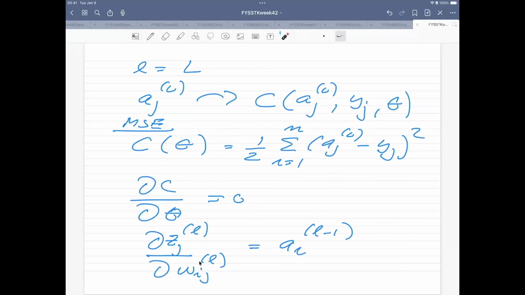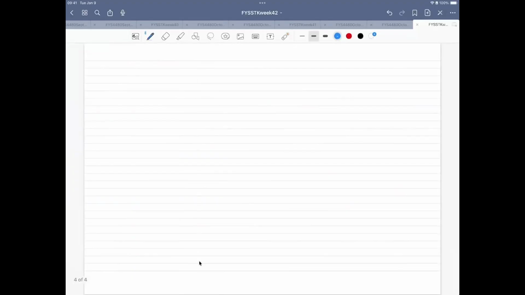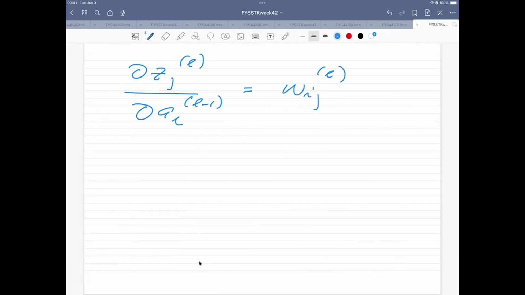Let me see if I can move on here. We had dC, these are just intermediate steps which we need to find the final expressions. And then we have d a_i^(l-1), and this is the same as w_ij^l.